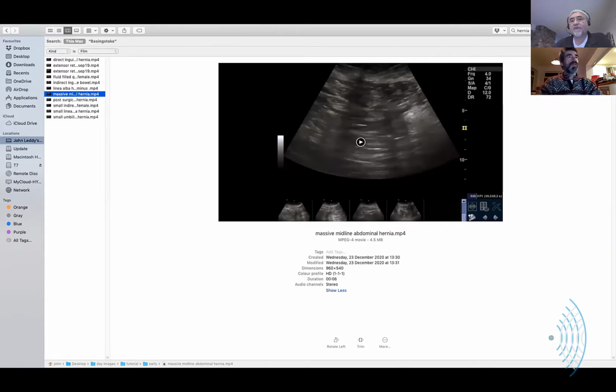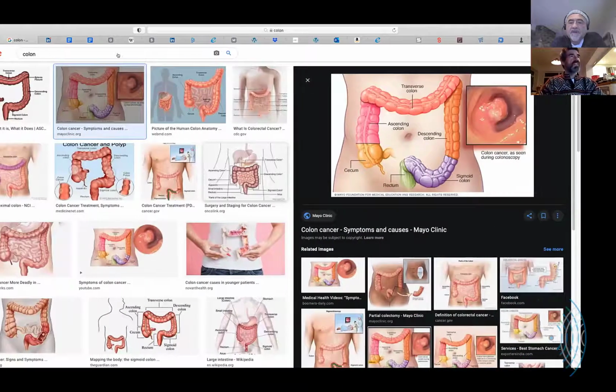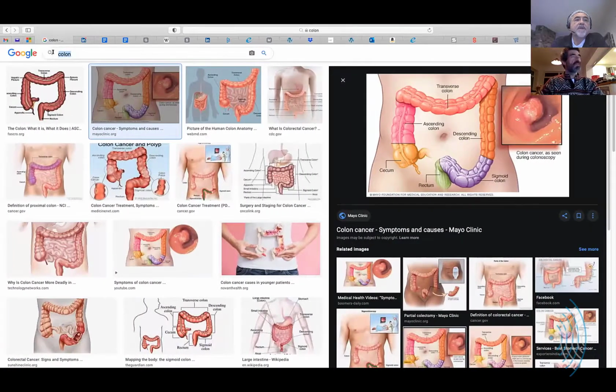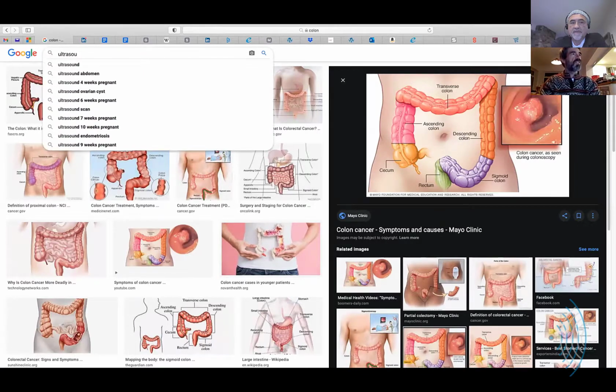For some reason, as usual, my computer is not searching my external hard drive, which I haven't solved. I thought I had, but I'll just search online for ultrasound.